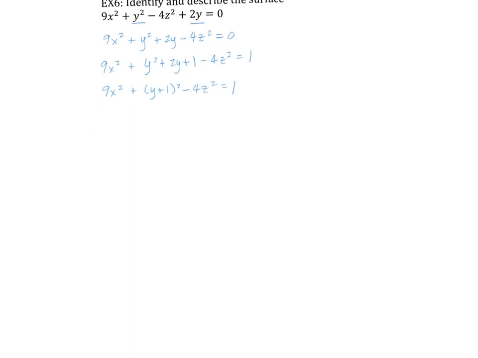All right. So the last thing I want to do, it's already equal to 1, and I see x, y, z are all squared. So what I want to do is make sure the coefficient on my squares is 1.